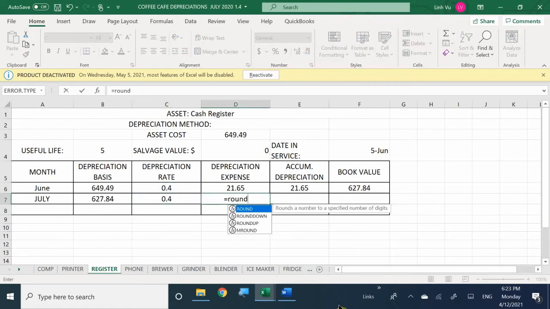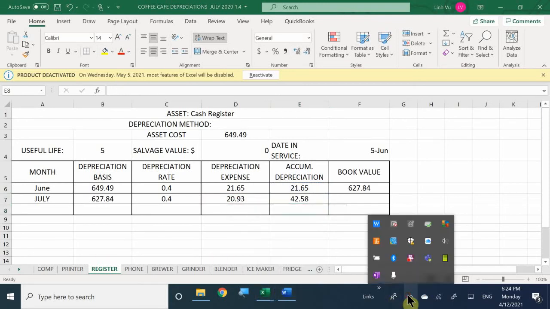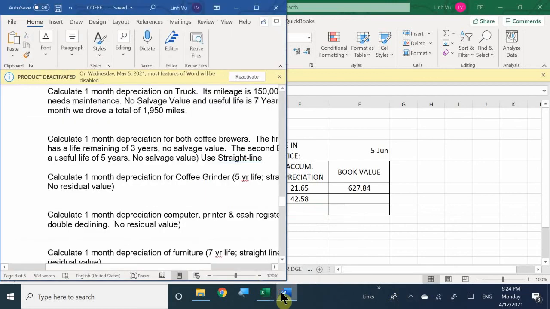So equal round, basis times rate divided by 12, comma 2. And here we are at $20.93. So that is our depreciation expense for the month of July.